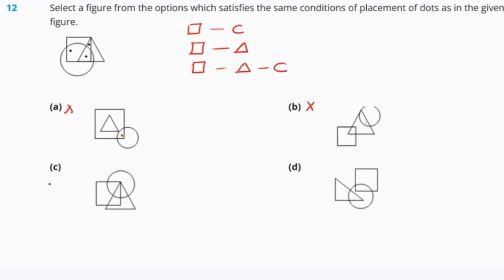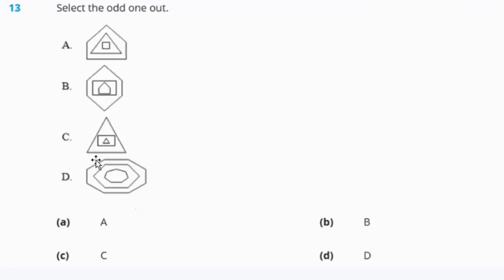In option C, yes, one dot we can put which is common in square and circle, one dot common in square and triangle, and one dot common in all the 3 figures. Correct? So option C is the correct answer.